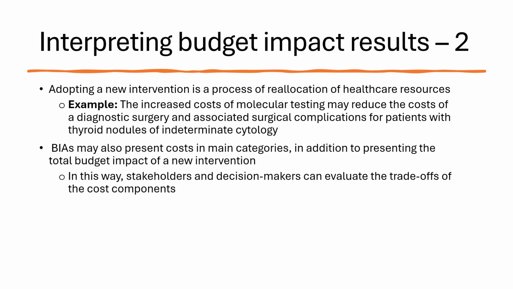Adopting a new intervention is a process of reallocation of healthcare resources. In addition to presenting the total budget impact of a new intervention, BIAs may also present costs in main categories. In this way, stakeholders and decision makers can evaluate the trade-offs of the cost components.